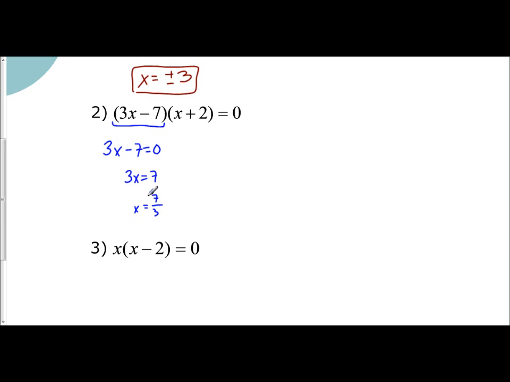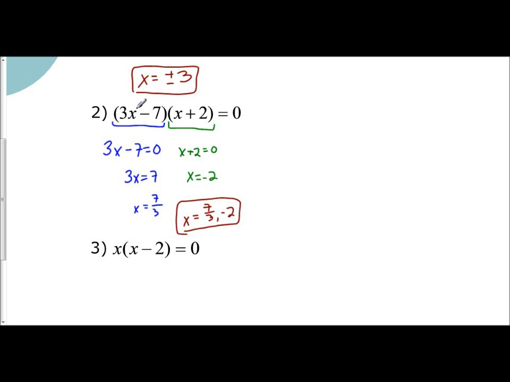And so I get x equals 7/3. I would set the second factor equal to 0, x plus 2 equals 0, and solve, x equals negative 2. And so my final answer is x equals 7/3 or negative 2.